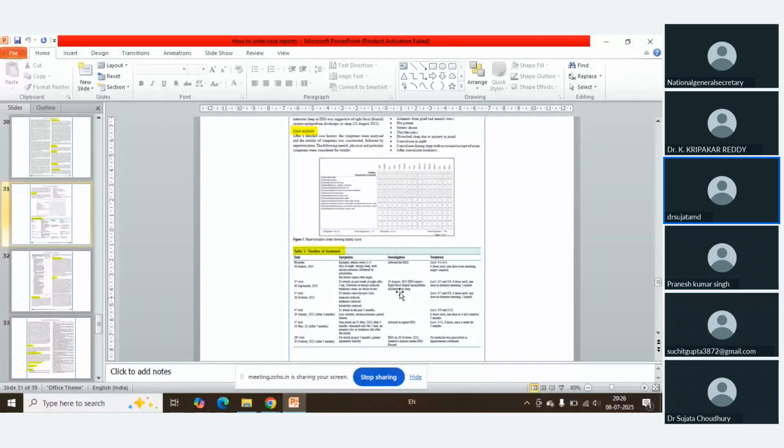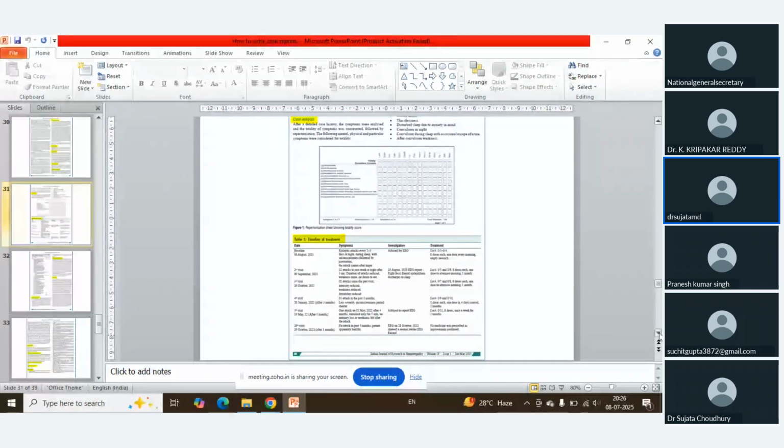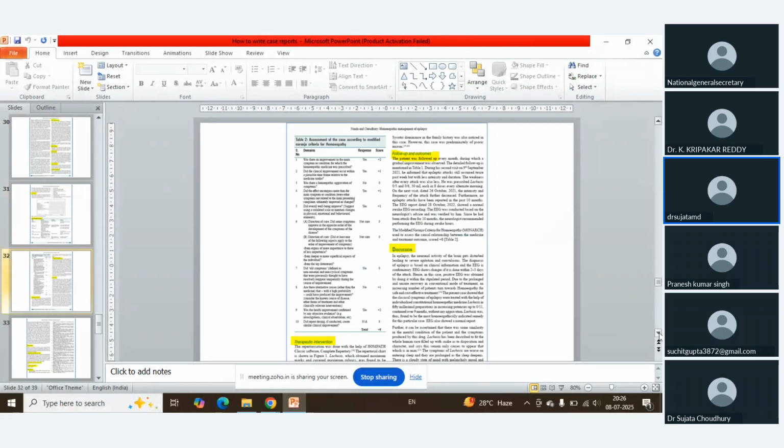The first baseline visit: what are the symptoms, what investigation he has done, then what treatment or medicine is prescribed. Next visit, when the date you mention, then what are the symptoms at that visit, and if any advice or investigation has been advised, then the report and then treatment. So likewise the timeline, the follow-up, all the visits have been presented.